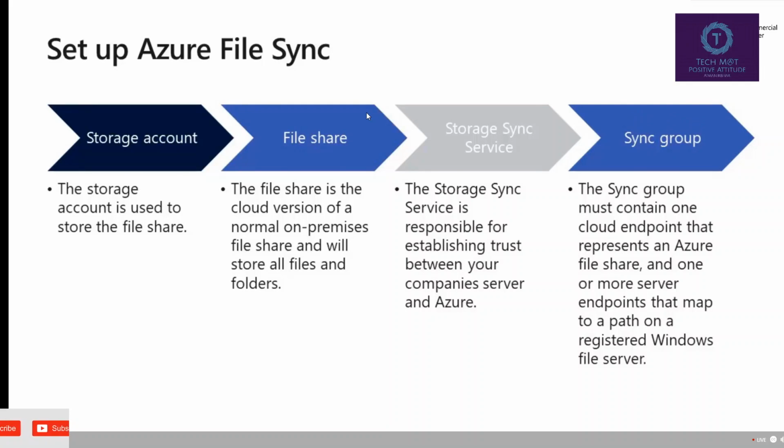The sync group will contain the cloud endpoint that represents the file share, and one or more server endpoints. And this is the big tip here: I have just one cloud endpoint that maps to one file share, but that can map to more than one endpoint. So I can have more than one registered server in the same sync group.